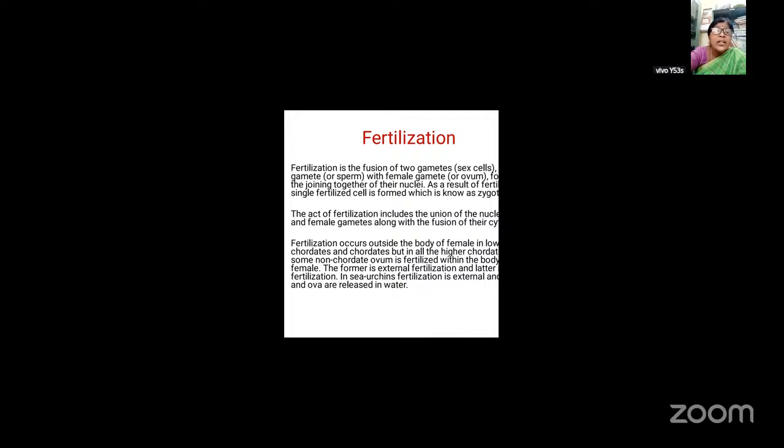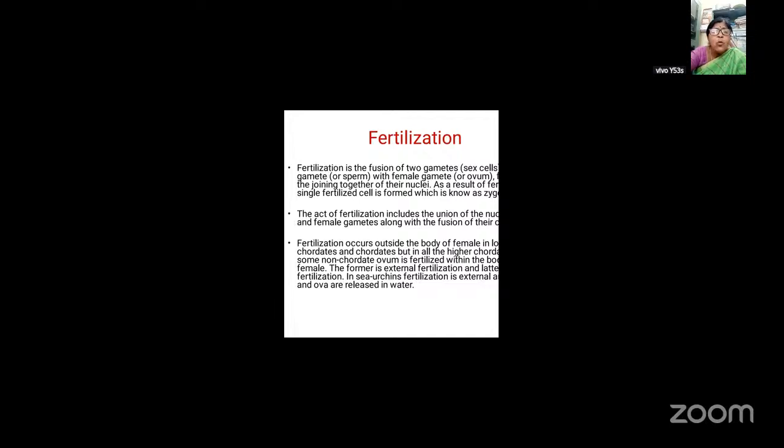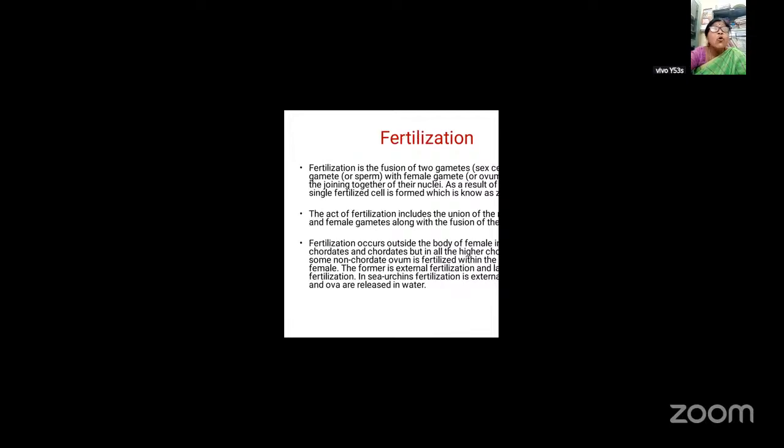If you see in almost all lower non-chordates as well as in some chordates, the fertilization takes place outside the body. But in all higher chordates and in some non-chordates, the ovum is fertilized within the body of the female. So the former we call external fertilization, and the latter we call internal fertilization.